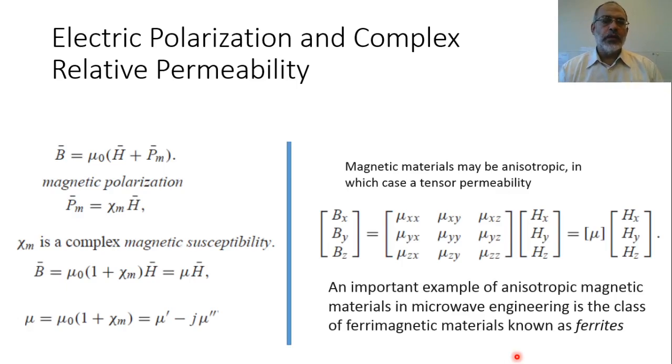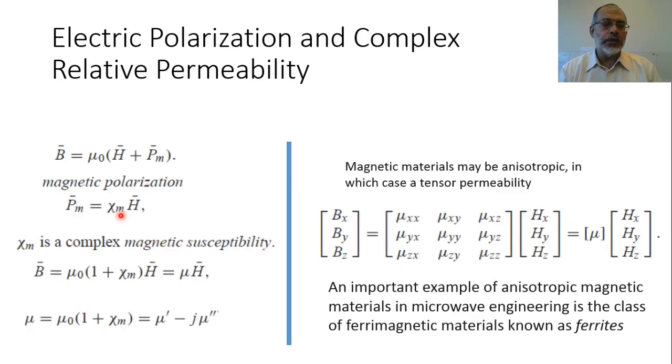In a similar way, we can say that the total magnetic flux density inside a material equals mu naught H, which is the flux density due to free space, plus the magnetic flux due to the magnetic polarization. So Bm here is the magnetic polarization, and it is defined in terms of the applied magnetic field as Xim multiplied by H, where Xim is the complex magnetic susceptibility.